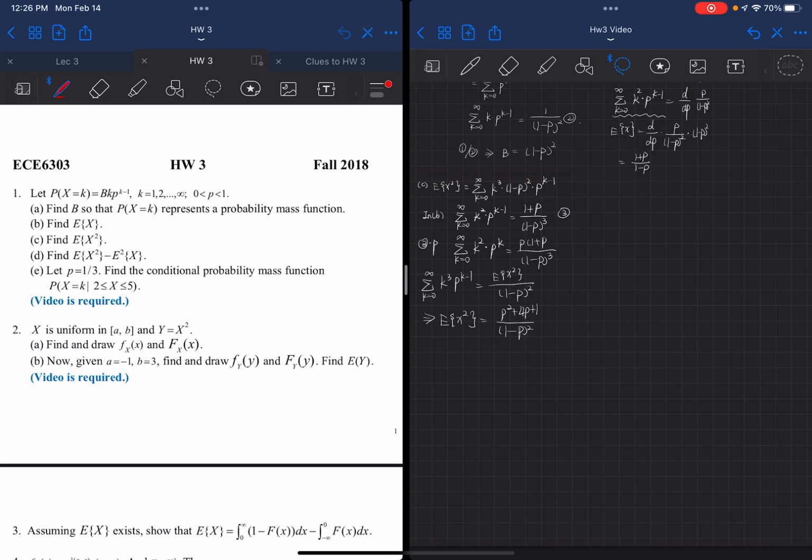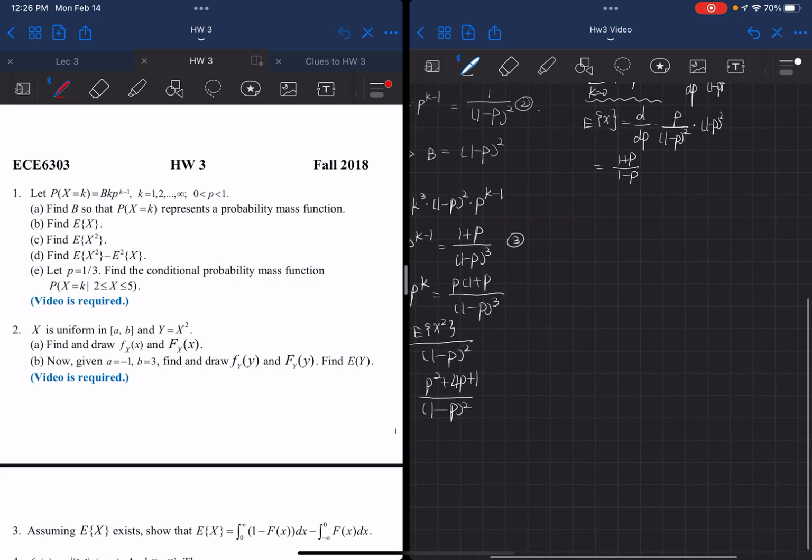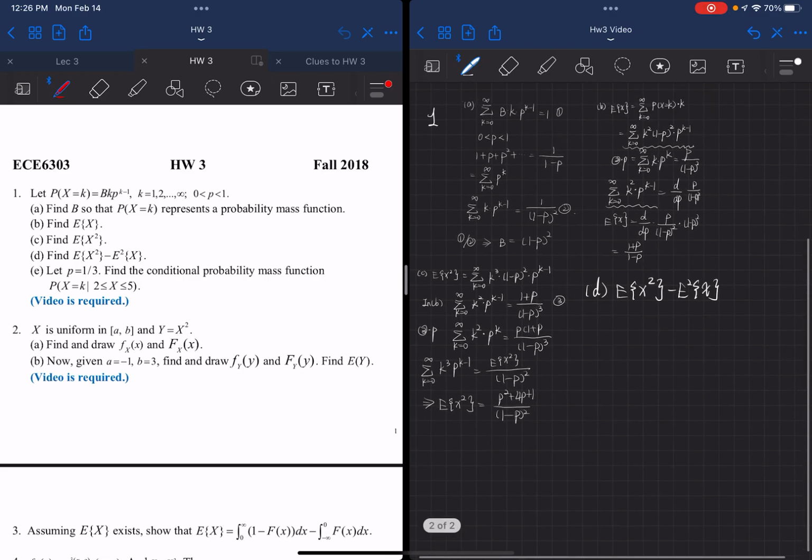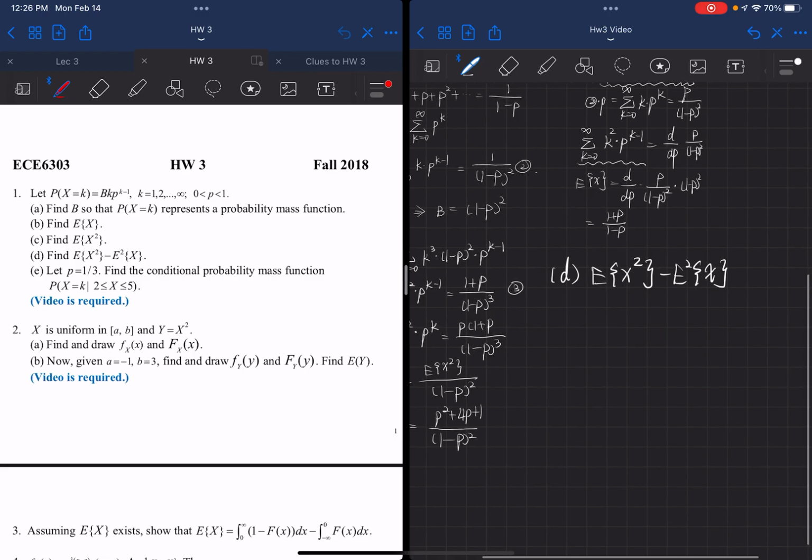And for problem D, we need to calculate this part, and we just need to plug in the results we got in problem C and problem B, and we get that it equals this value.